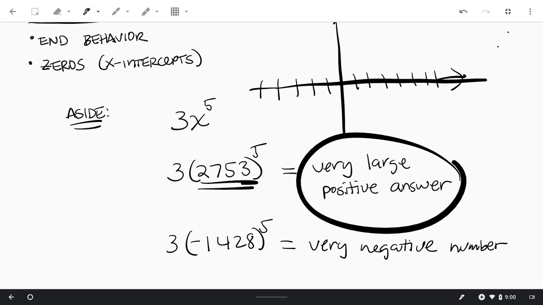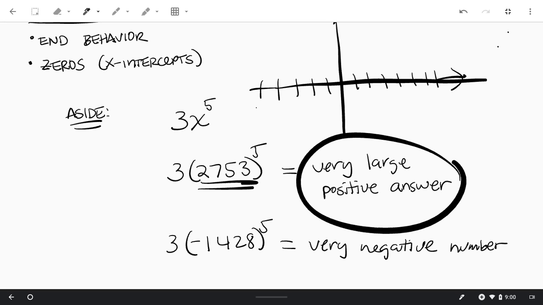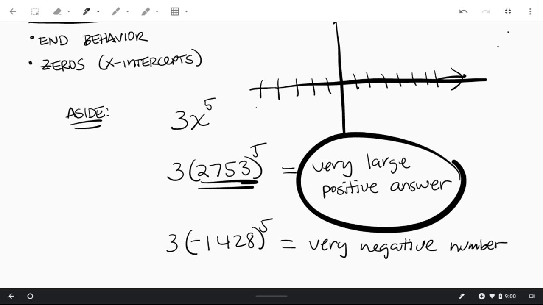So on the left-hand side, the more I go out on these negative numbers, the more I'm going to end up with answers that are very, very negative.